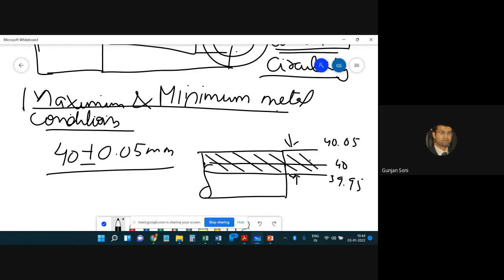So can you tell me what is the maximum metal condition for a shaft? What will be the maximum metal condition? Means the condition in which the shaft is going to have maximum metal. 40.05. Yes, the upper limit. So for a shaft, the maximum metal condition is the upper limit, or upper tolerance limit.